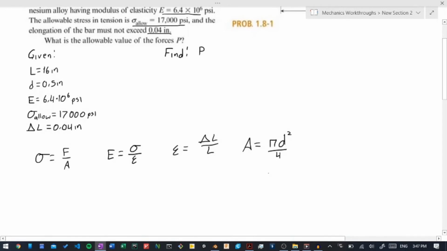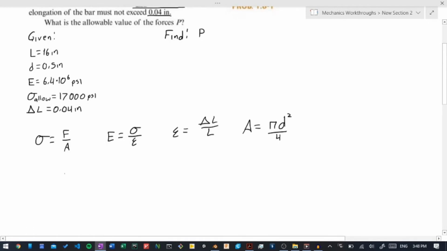So for the first criteria, we need to find P such that the tensile stress does not exceed sigma allow. So we're going to start with this first equation here and put our variables into it. So this becomes sigma allow equals P, which is our force, over the cross-sectional area, so pi d squared over 4.